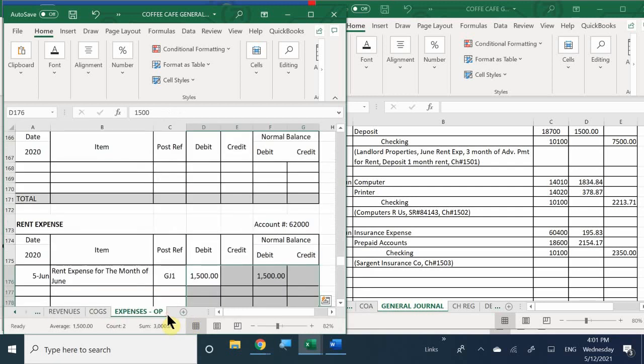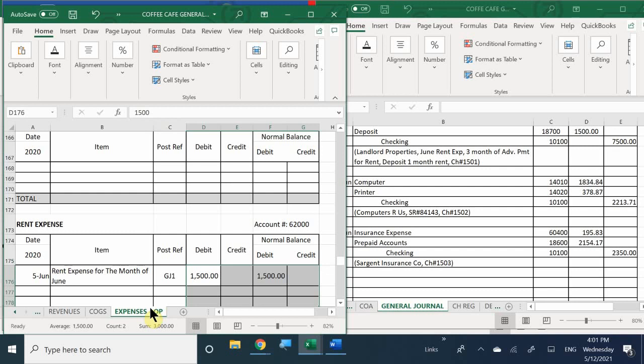You can do checking first, but remember, if you skip around, make sure you keep track of it, because if you skip around and forget to do prepaid insurance, that's where you'll find the holes in your books. If you're really good at this and keeping good track, go ahead. But as my recommendation for a beginner, this is not the only account we're going to be dealing with.